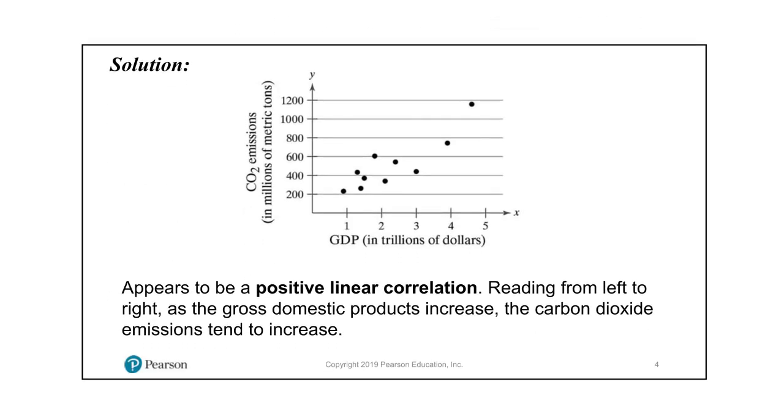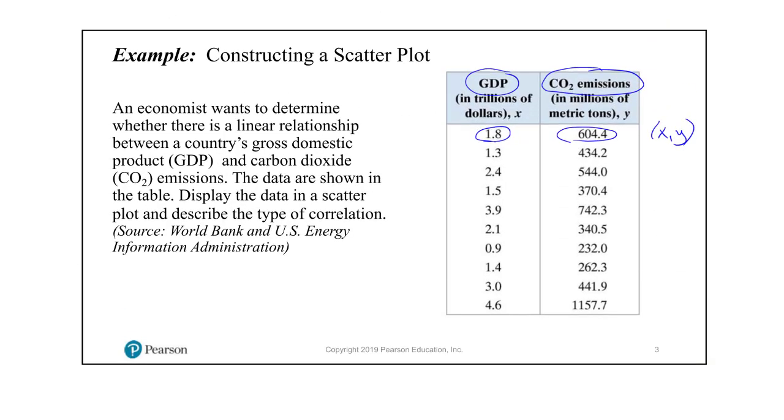So there's the plot, and we see that we have the GDPs here and the emissions over here. This point right here, with a GDP of about 4, giving something in the 700s for the emissions, would correspond to right here, the 3.9, 742.3.